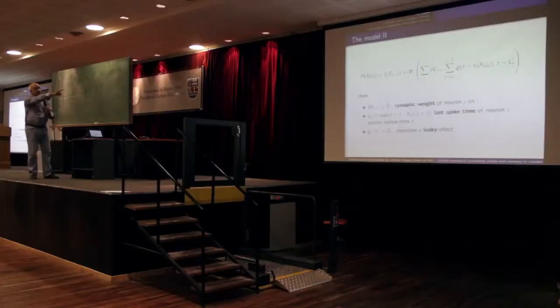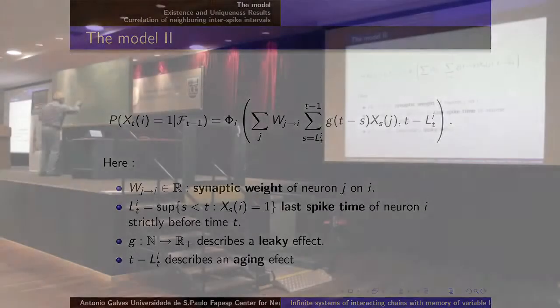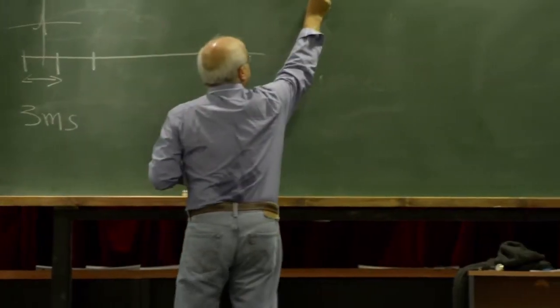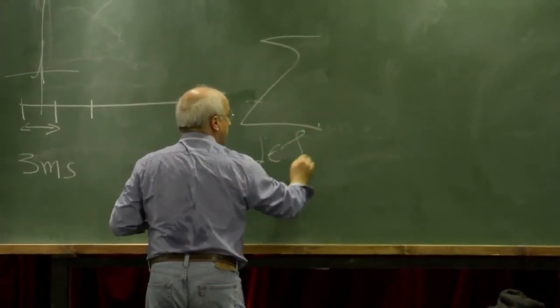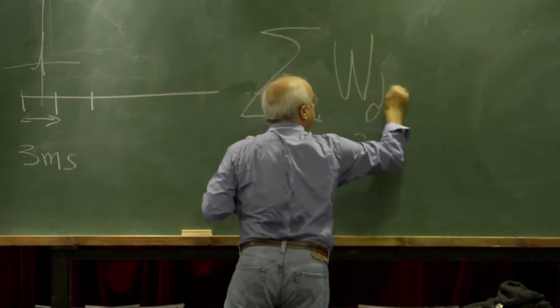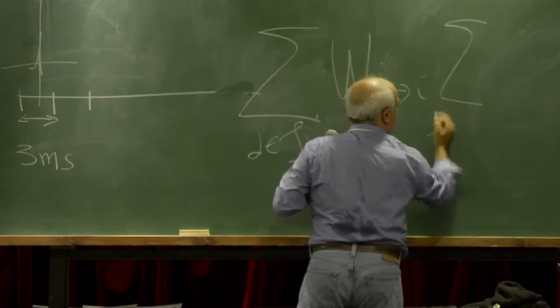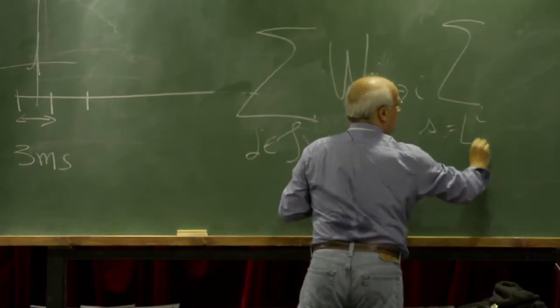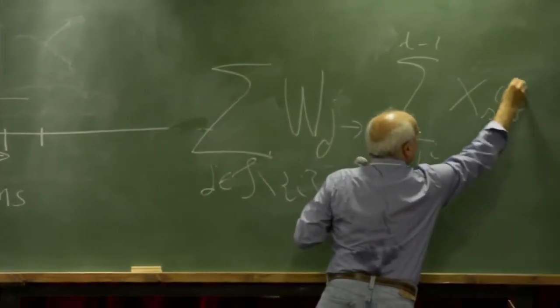If you only have W_{j to i}, let me write it here. You have a sum, and here you have W_{j to i}, and here you have s from L_i(t) to t minus 1 of X_s^j.